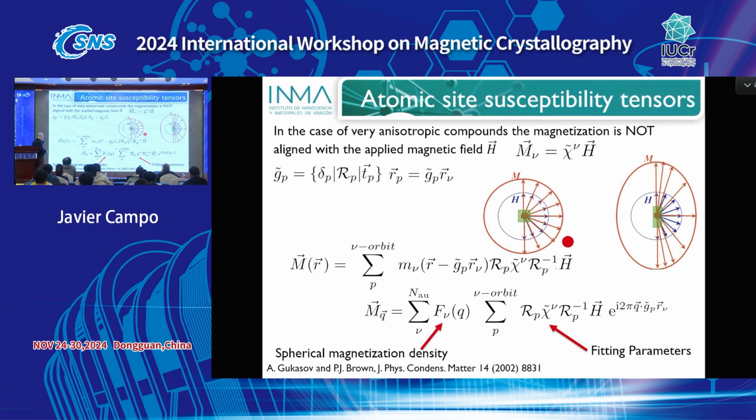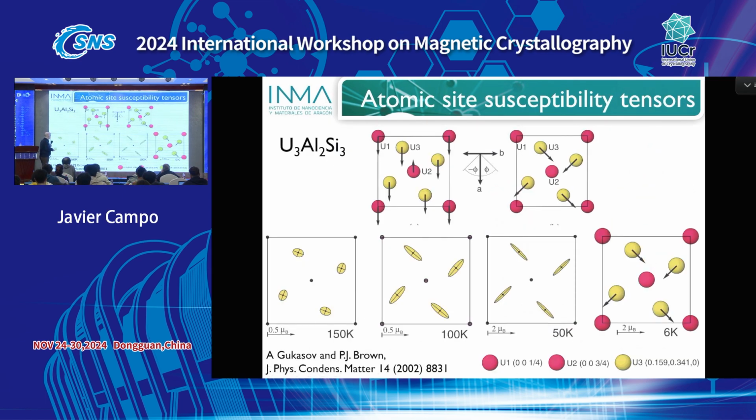By modeling these components, using the same flipping ratio technique, the magnetic moment is expressed like this, and the fitted parameters are the components of the susceptibility. This is useful when you have this kind of system. For example, they used this technique for uranium, aluminium, silicium compounds.